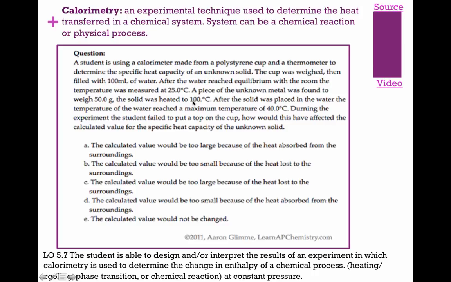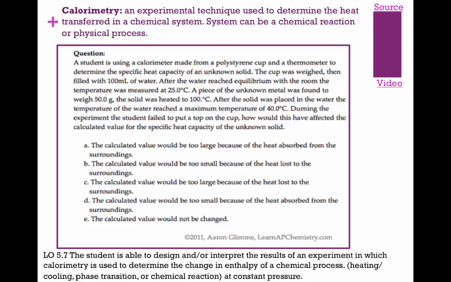Released heat. Right, it released energy because it went from 100 down to 40. Where did that heat that was released go? Into the water. Right, so all of the heat that was released went into the water. Well, if there was no top on the lid, where would some of the heat have gone?